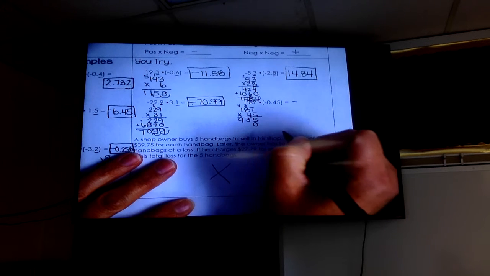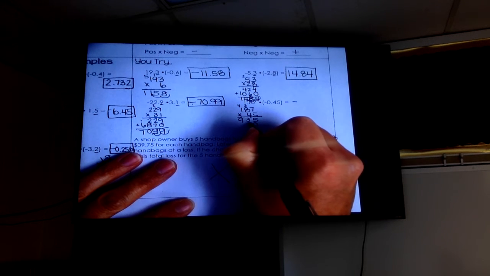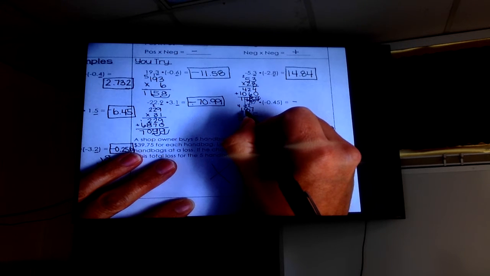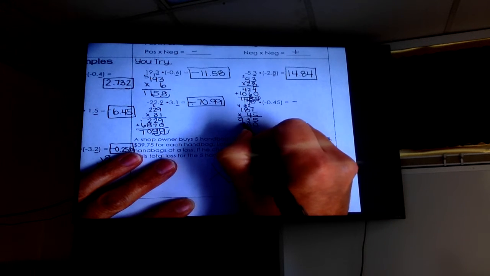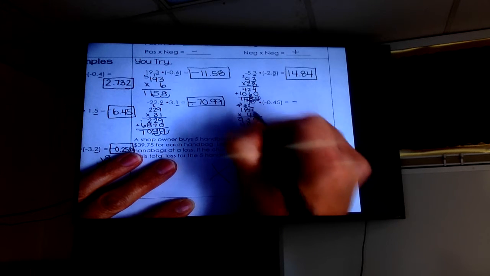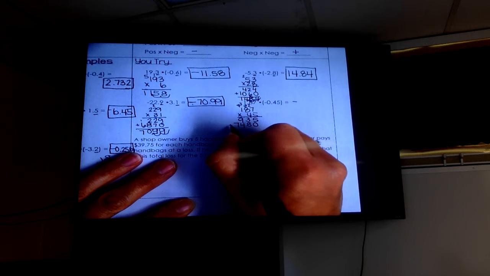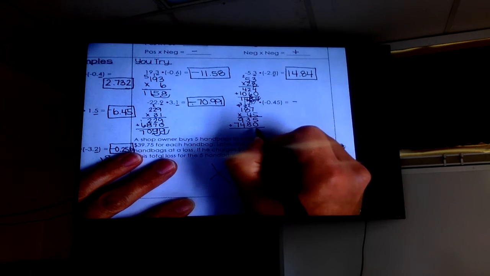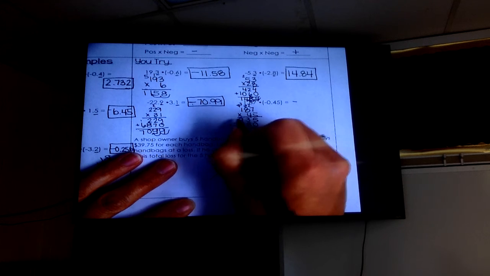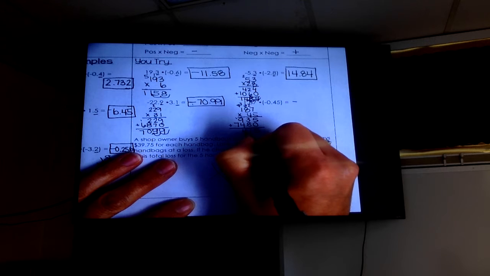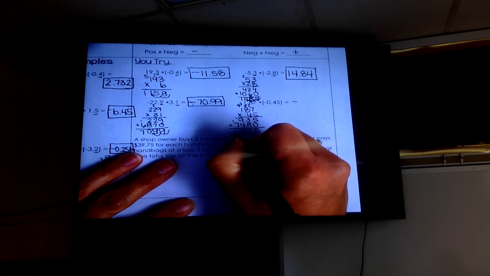Don't forget to bring down your 0. 4 times 7 is 28. 4 times 8 is 32, plus 2 is 34. 4 times 1 is 4, plus 3 is 7. Okay, 5 plus 0 is 5. 3 plus 8 is 11. 1 plus 9 is 10, plus another 4 is 14. And 1 plus 7 is 8.